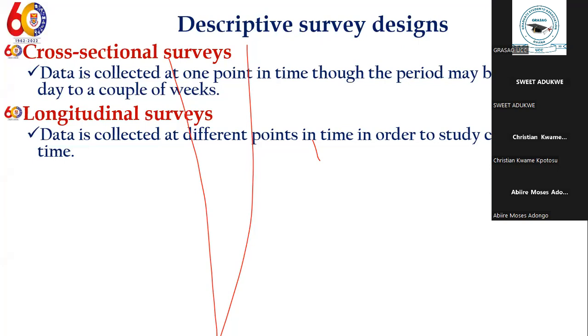So someone is studying you, observing you, collecting data from you at every point in time to see from this stage to this stage, what is your attitude towards learning? From this stage to this stage, what is the attitude? So when some of these things are happening, we say you are conducting a longitudinal survey.